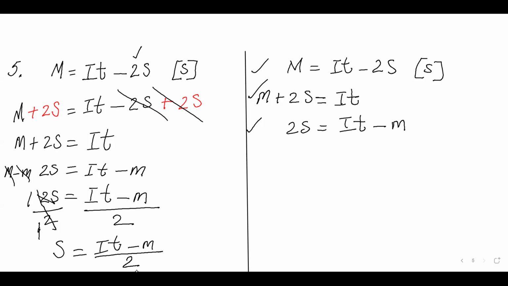I'm giving you 10 seconds to take it down. So here you would have divided by 2. So S is equal to IT minus M, divided by 2. Make sure that you have that.